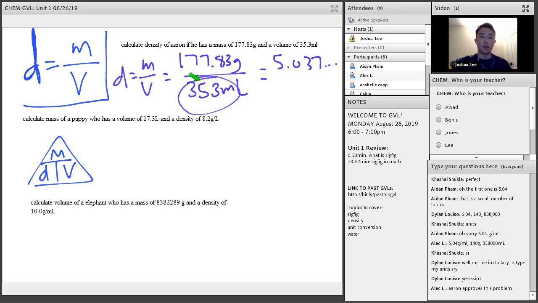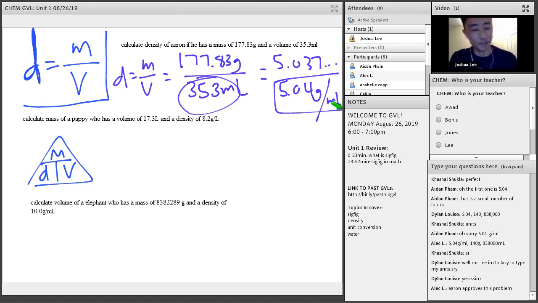So 5.04 grams per milliliter. Good. Aaron approves this problem. Who says I was talking about this, Aaron?